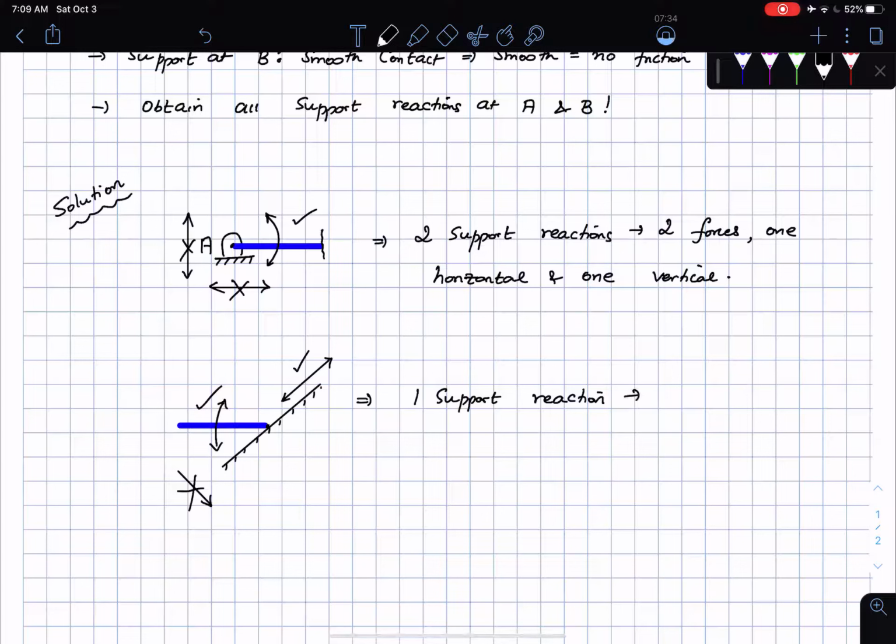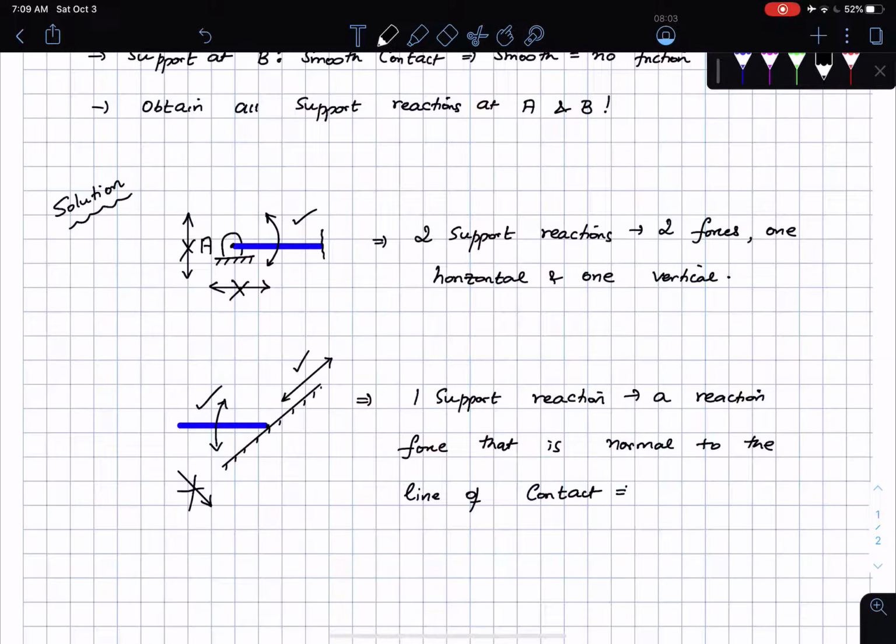Okay, this is a reaction force that is normal to the line of contact. Okay, or this is a support reaction that is perpendicular to the direction of the support.